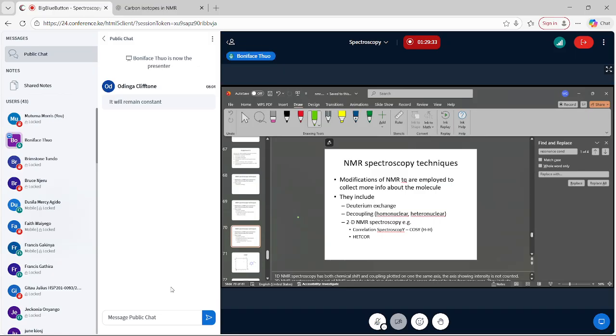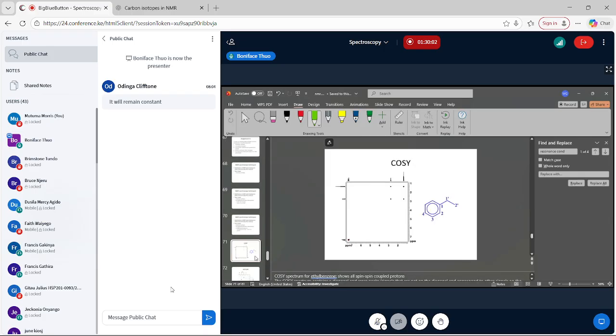By applying, or we can have, a 2D NMR spectrum: correlation spectroscopy, or another one called heteronuclear correlation spectroscopy, or HETCOR. So these are modifications of the NMR spectrum, and each of them has its own strengths.